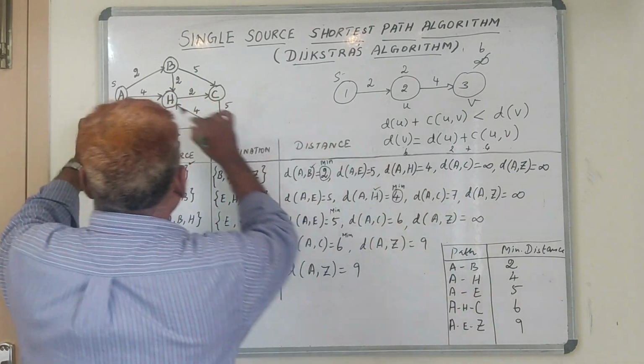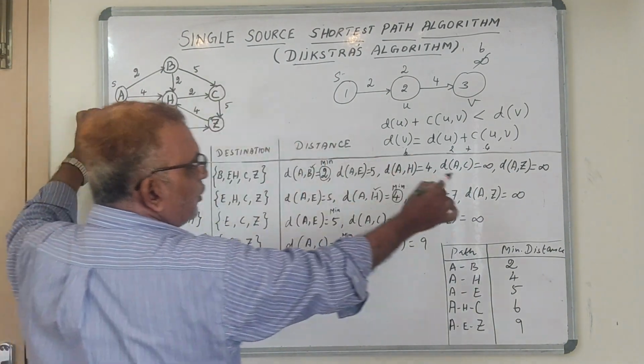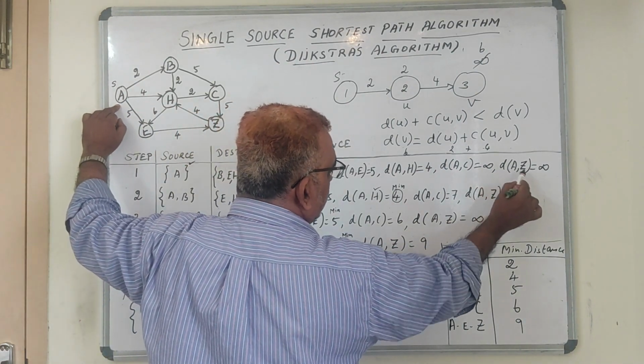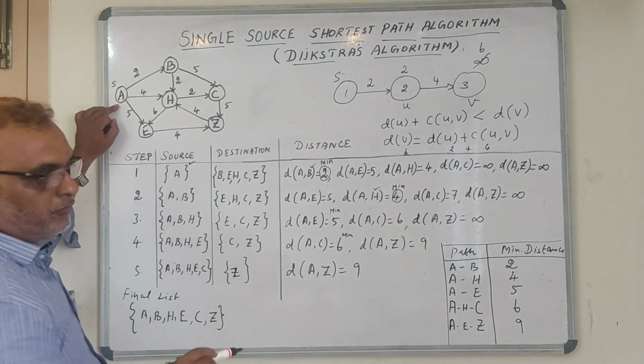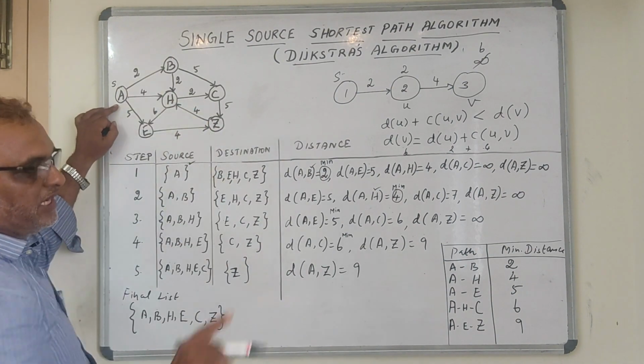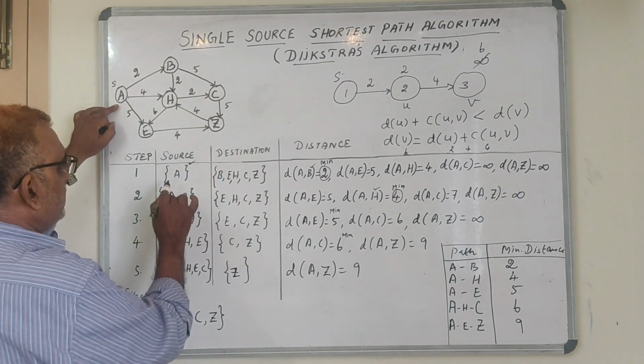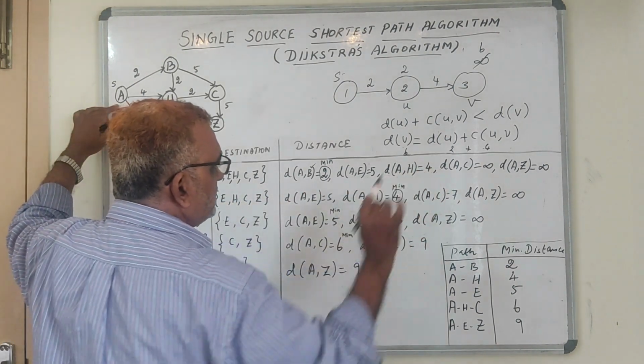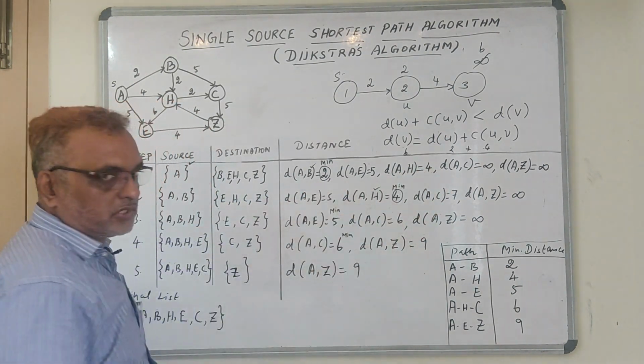The distance from A to C we don't know, that is infinity. Similarly, A to Z is also infinity, because there is no direct connection. So from the source, we can reach all these nodes using these costs.